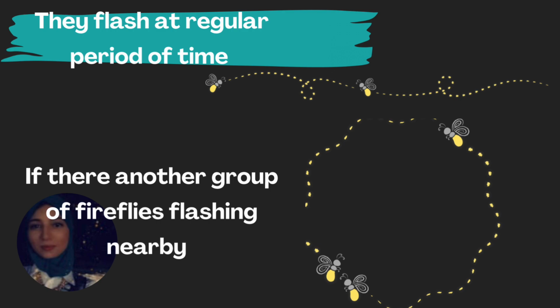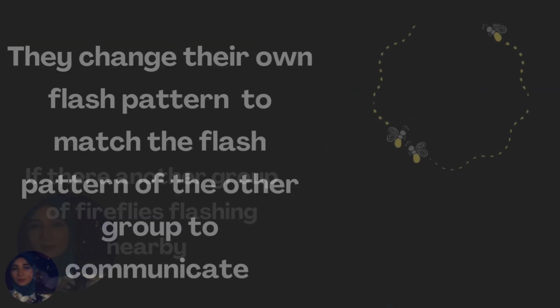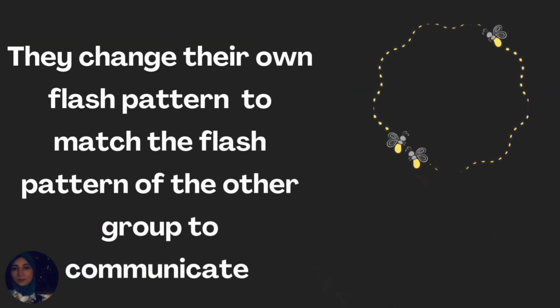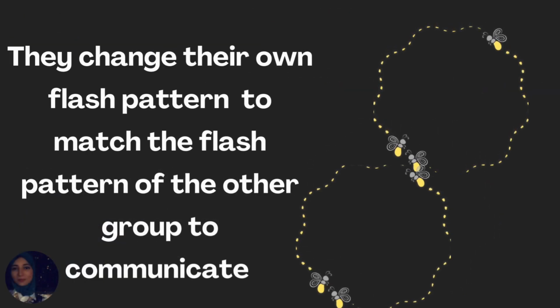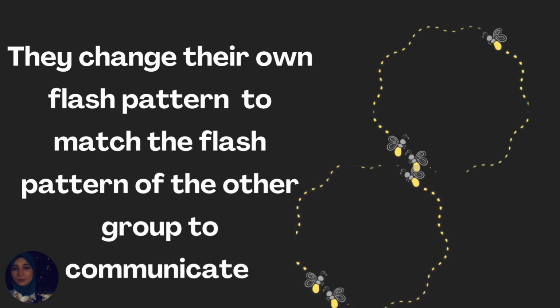They normally flash at a regular period of time, but if there is another group flashing nearby, what happens? Yes, they change their flash pattern to match the other group, and this is a way to communicate.